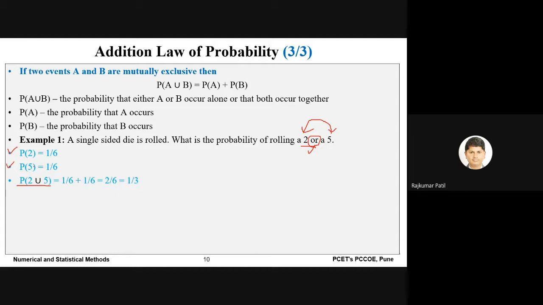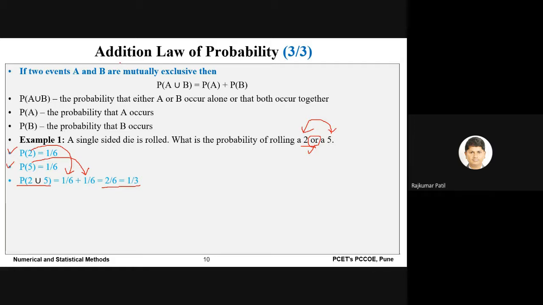The probability of 2 is 1 by 6 and the probability of getting 5 is 1 by 6. When we simplify it, the answer is 1 by 3. So there is a 1/3 chance that the rolled die will have an outcome of either 2 or 5.